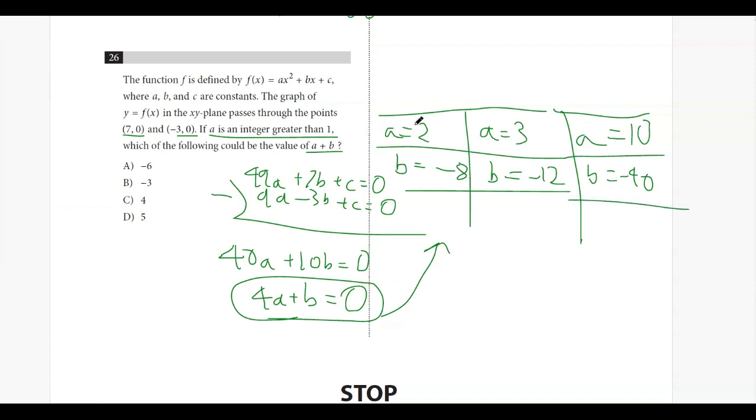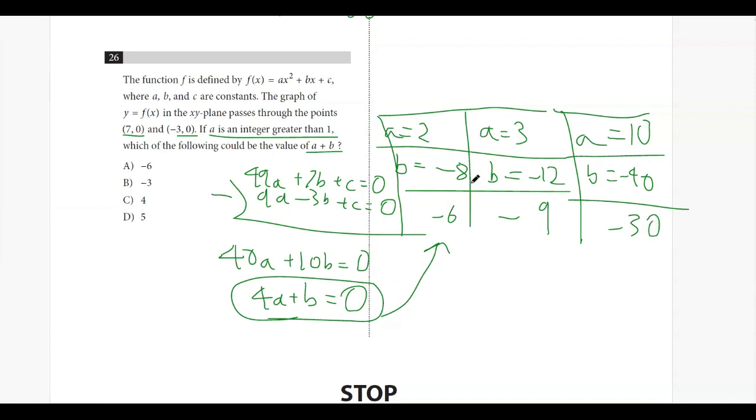And now let's add these up. If I add these two up, it becomes -6. 3 plus -12 becomes -9. 10 plus -40 becomes -30.